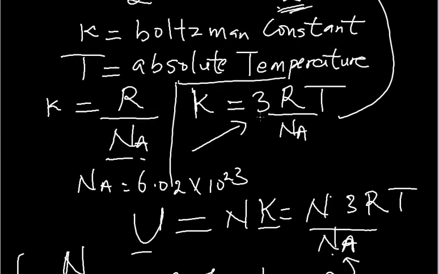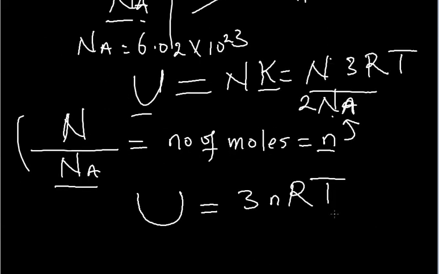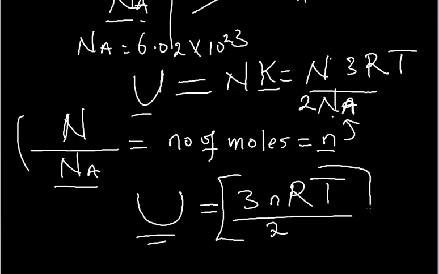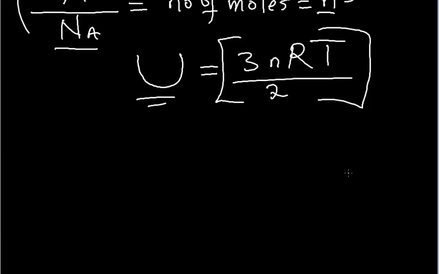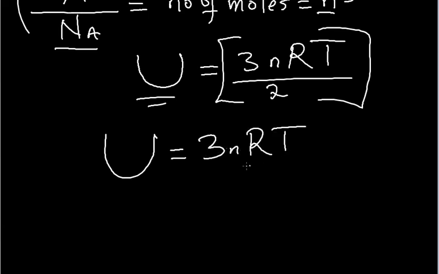I forgot to add 2 when I substituted for K. Pardon me for that mistake. Then all over 2. Please take note of the formula, as it is very important. If you are asked to calculate the internal energy of an ideal gas, we use the formula 3nRT divided by 2. I hope that is well understood.